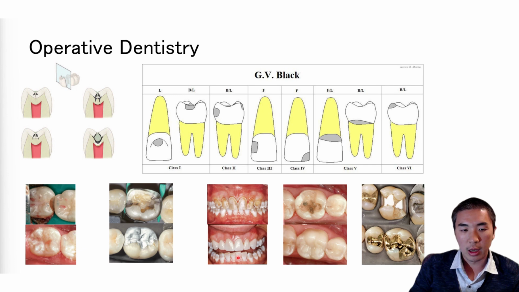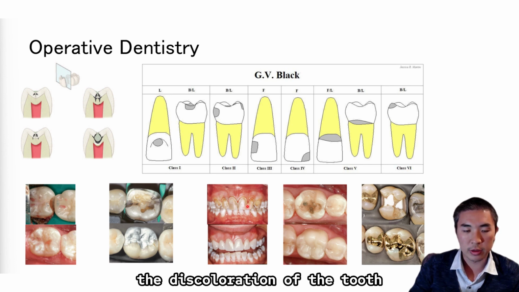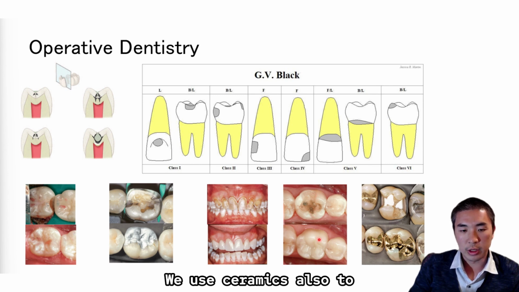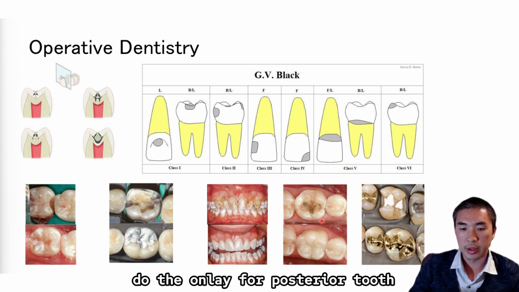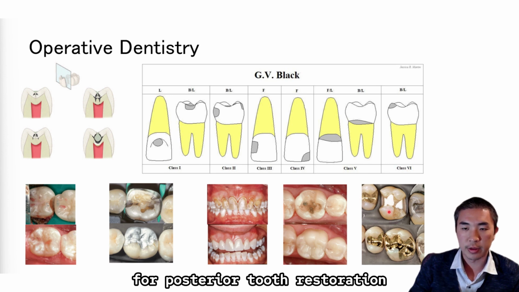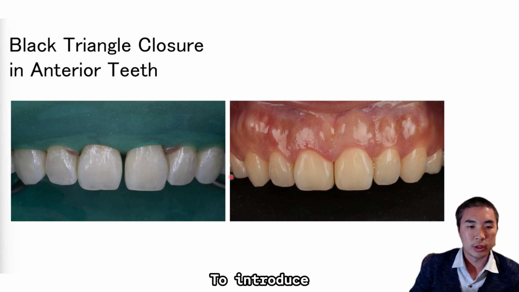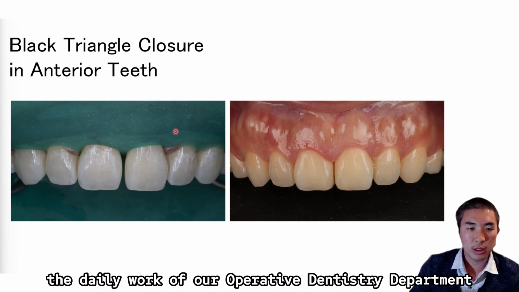We have porcelain veneer for the anterior aesthetic zone to restore discoloration of the tooth, and we also use ceramics to do inlays for posterior teeth, and we have metal or cast gold restoration for longevity in posterior tooth restoration.